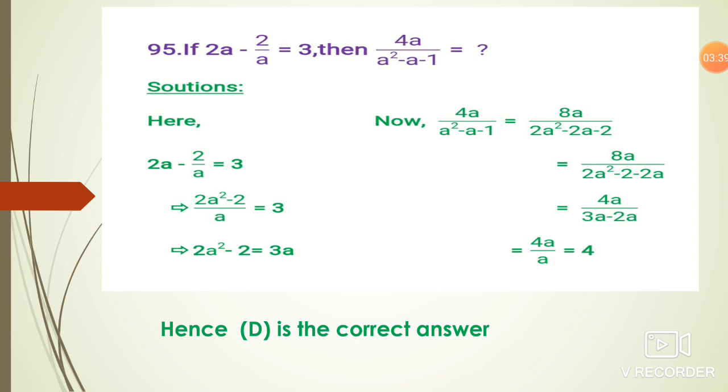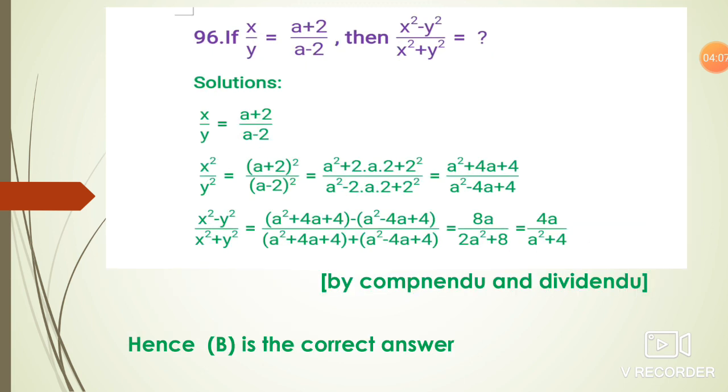Now the expression given is 4a by a square minus a minus 1. After multiplying 2 in both numerator and denominator, we get 8a by 2a square minus 2a minus 2. So we know that the value of 2a square minus 2 is 3a. So after putting this value, we get 4a by 3a minus 2a. So it will be 4a by a, that means 4. So D is the correct answer.